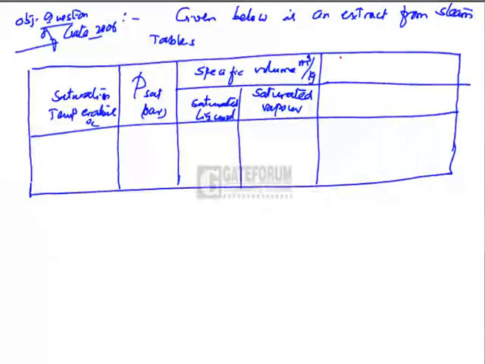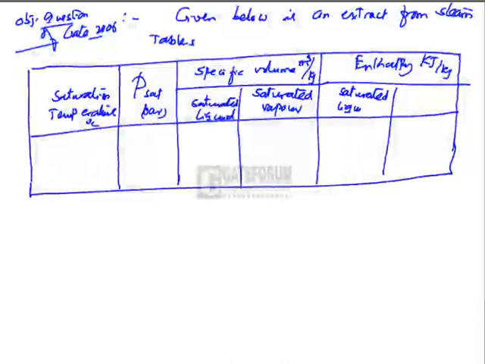Looking at the last two columns, which is given as specific enthalpy in kilojoule per kg, saturated liquid, that may be taken as hf, and last is saturated vapor, which is denoted as hg usually.